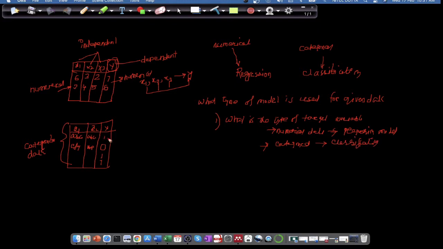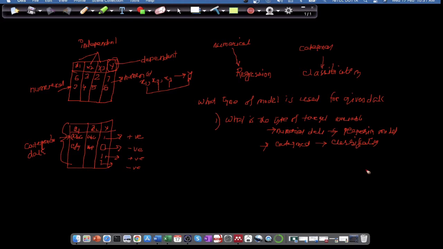Here in this case, this data point belongs to the positive category, this belongs to the negative category, this belongs to the positive category, this belongs to the negative category, like this. If the data is numerical and the target variable is also numeric, then we should go for a regression model. Otherwise, if the target variable is categorical, then we should go for a classification model.